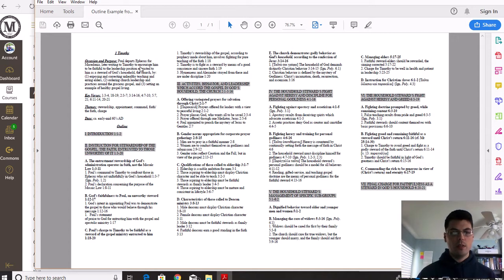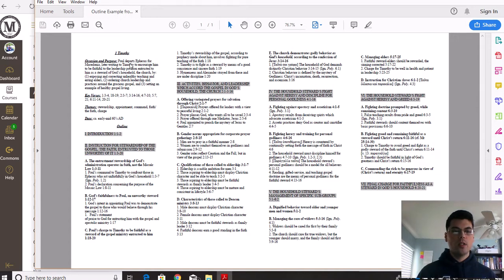So you'll notice at first you have the book in the corner. For your outline this week, you're only doing a portion of either 1 Corinthians or Romans, so you have that option. But you'll notice up here, before we ever get to the outline, we have elements that are trying to deal with this book in general.